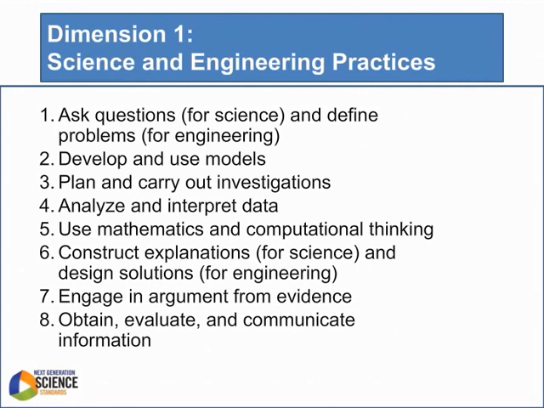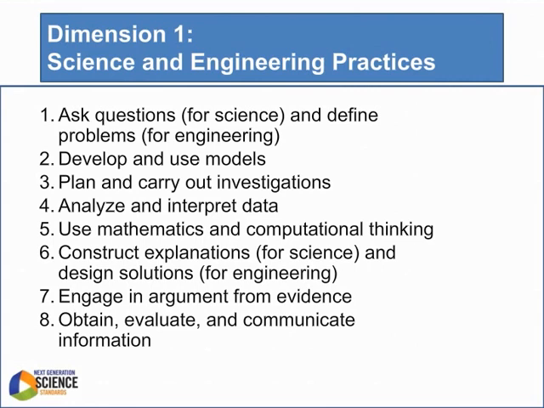Practice number 2, developing and using models. Usually in science, we're building models that are predictive or that help us to construct an explanation. In engineering, when we build a model, we're usually using that model to test out an idea that we have, testing out a solution to a problem. Practice number 3, planning and carrying out investigations.